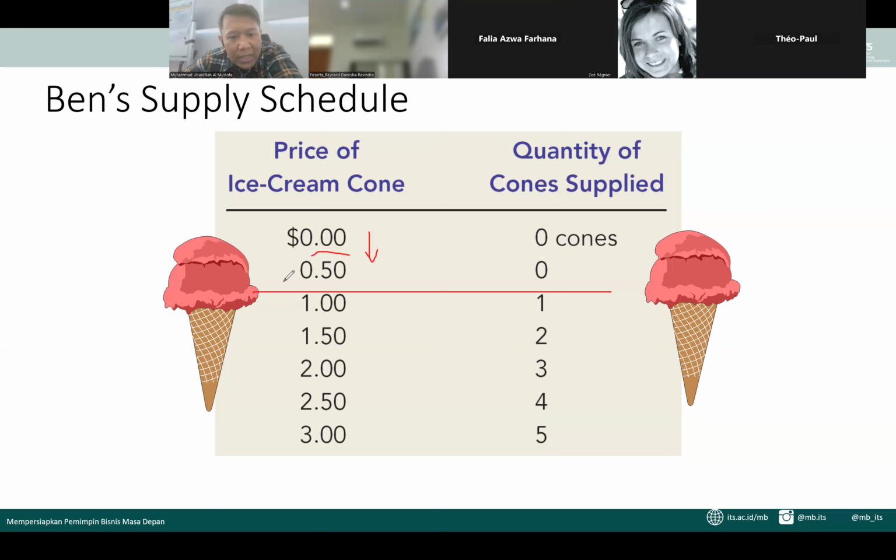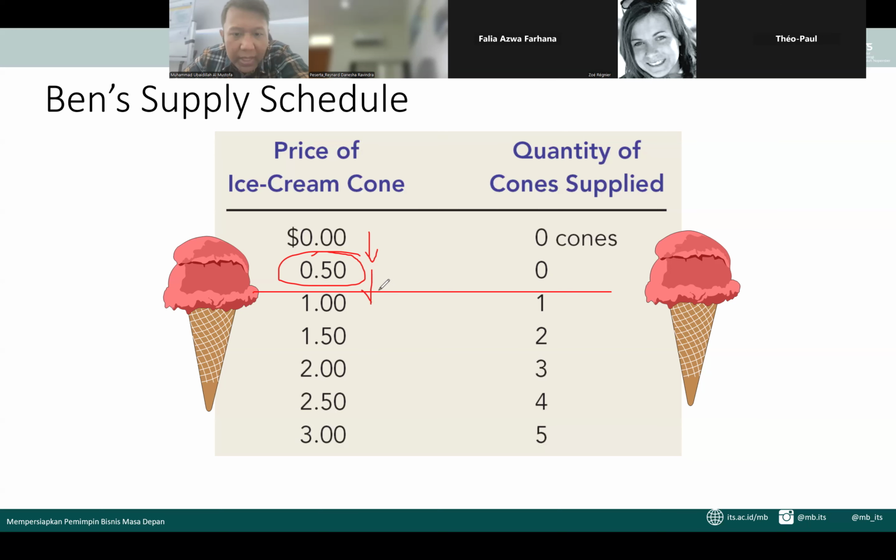So when the price is 0.5, maybe it's not enough to cover the production cost of making ice cream, so the supply of ice cream is still zero.